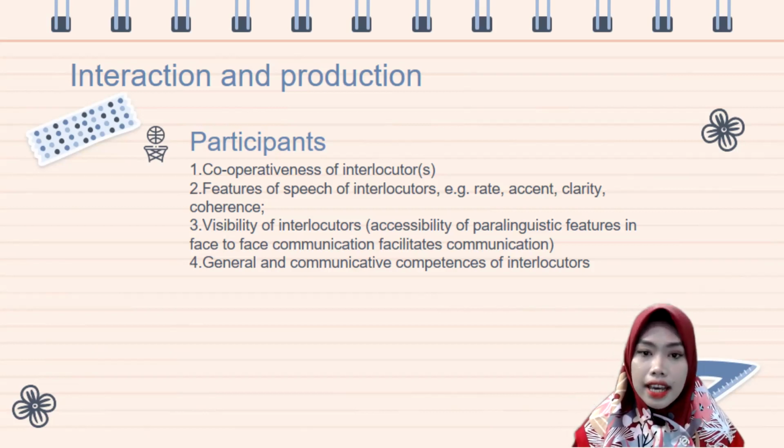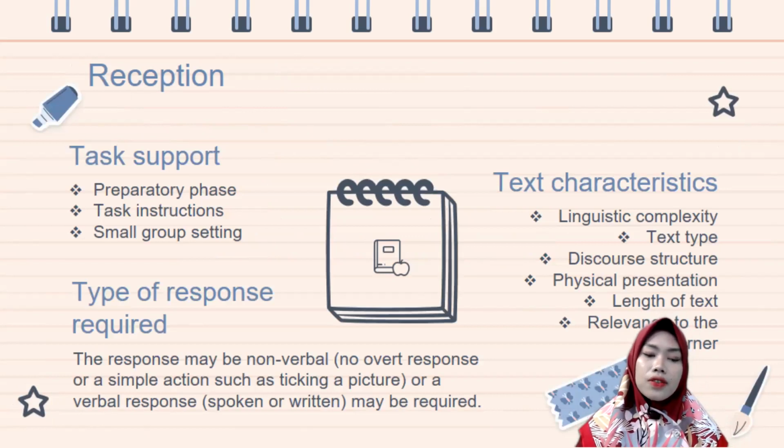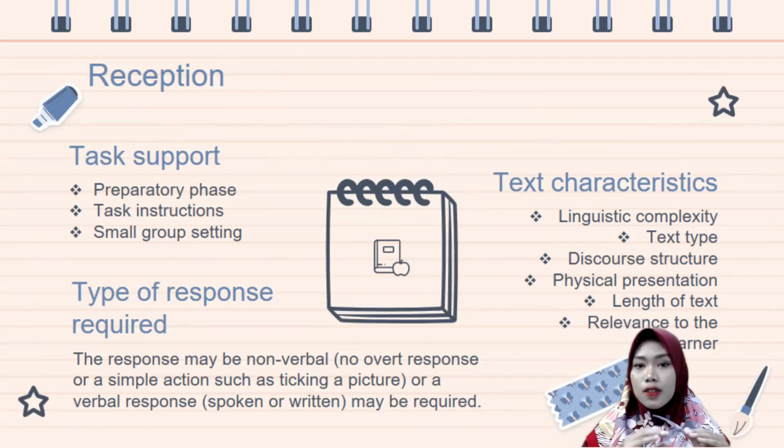And then next is reception. Reception has task support, type of response required, and the last is text characteristics. Okay, task support first. The preparatory phase, and then task instruction, and then small group setting are included in task support.